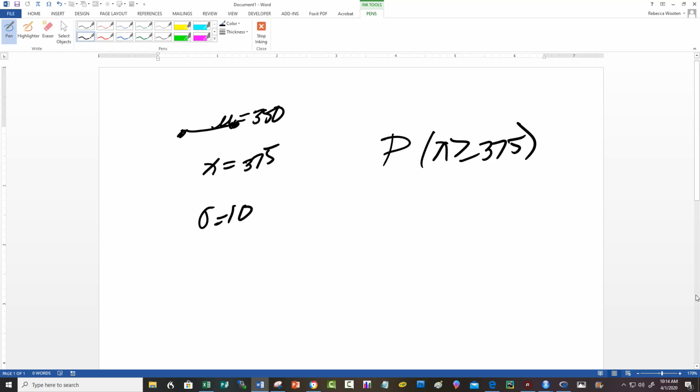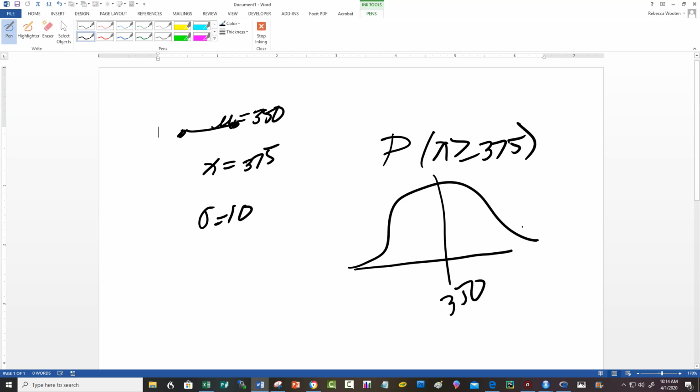So we will say, if this is normally distributed, because that is an assumption we will need. It's a lousy normal distribution, but it's kind of bell-shaped and a little bit symmetric. We know that 350 is in the center. Here is 375. And we know the pivot point is 10 points up. So what is the probability that it's further than that? The chart is going to give us the area to the left, but that's okay.